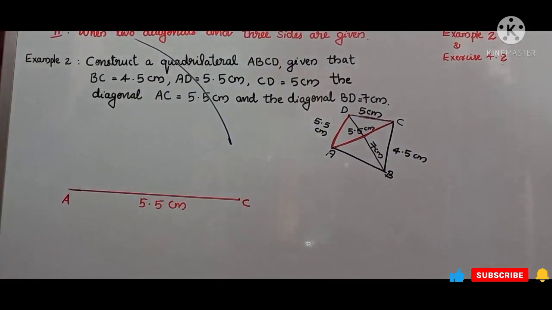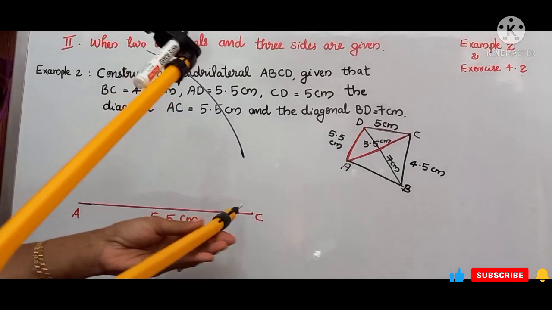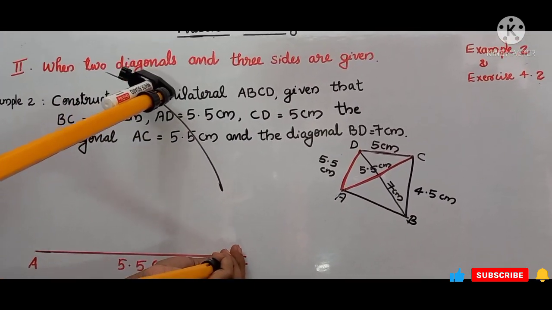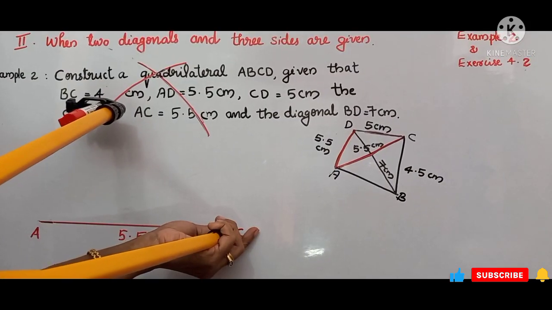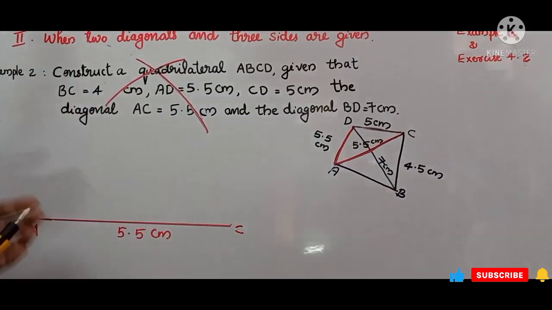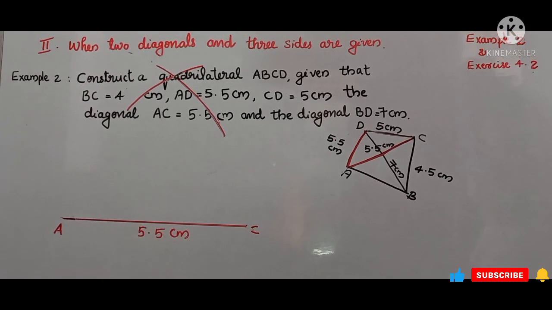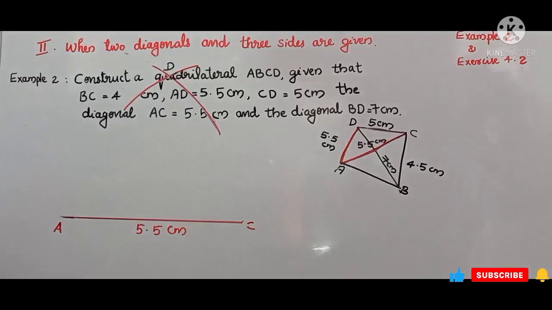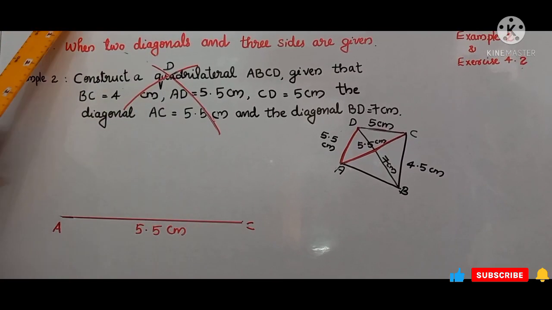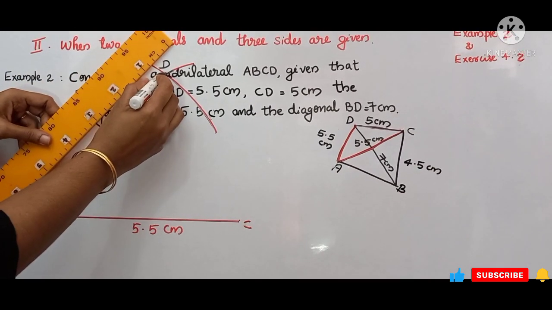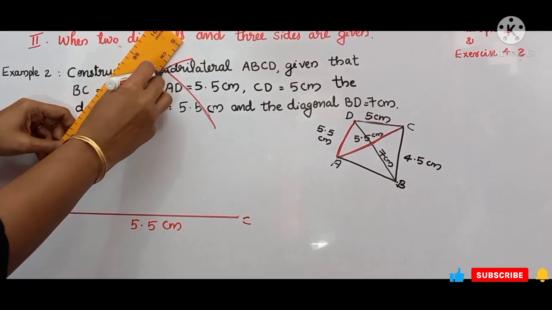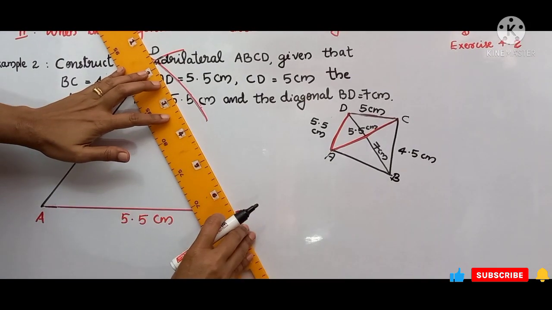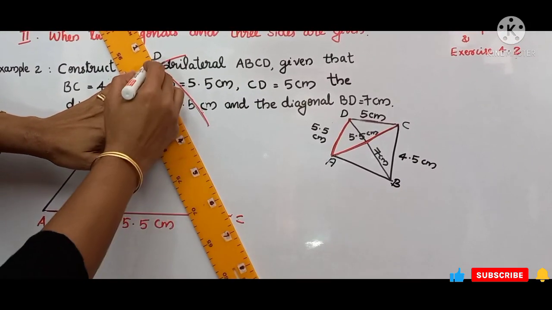Take 5 centimeter distance on this compass and pointing on C, draw another arc. Then we are getting the point of intersection, that is D. Mark that D here and join AD and CD. We have joined that AD, then CD also, join this way.